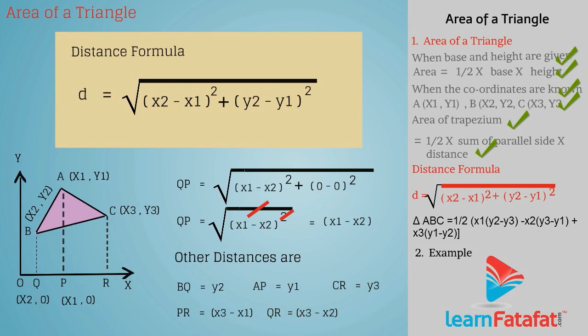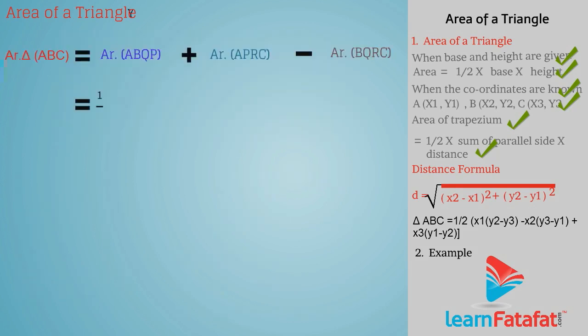Putting these values in equation 1, we get 1 by 2 into (y2 plus y1) into (x1 minus x2) plus 1 by 2 into (y1 plus y3) into (x3 minus x1) minus 1 by 2 into (y2 plus y3) into (x3 minus x2).